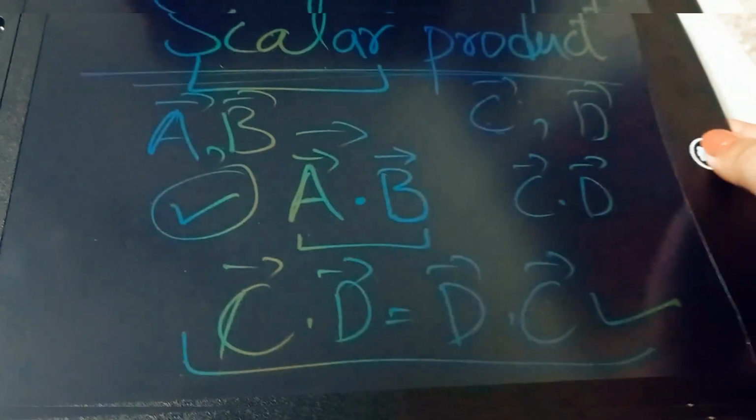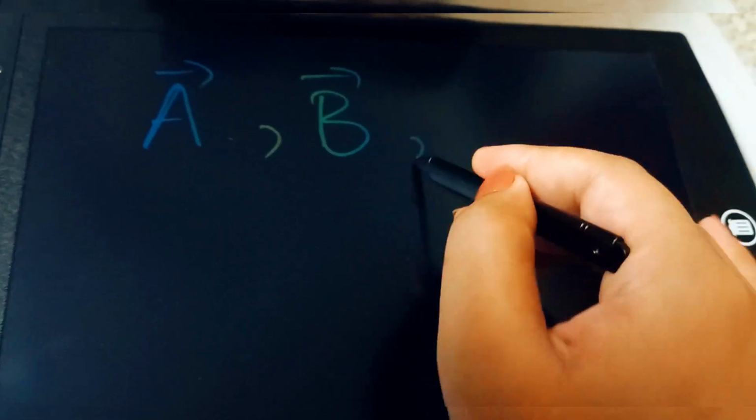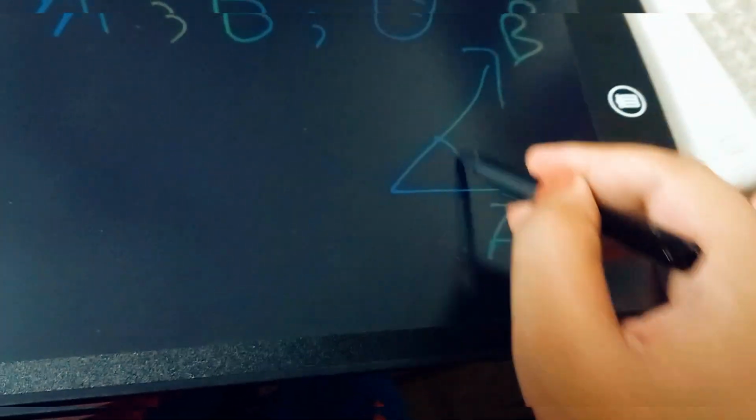Now next, let's say we have two vectors and we want to calculate the scalar product. How are we supposed to do that? There are two ways to do this. The first is, let's say we have a vector A and a vector B, and the angle between them is theta.